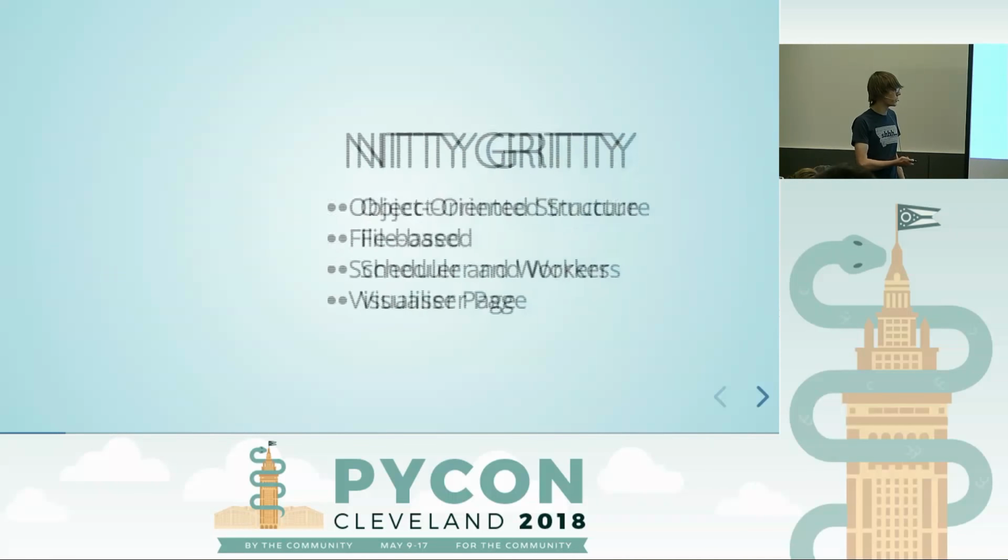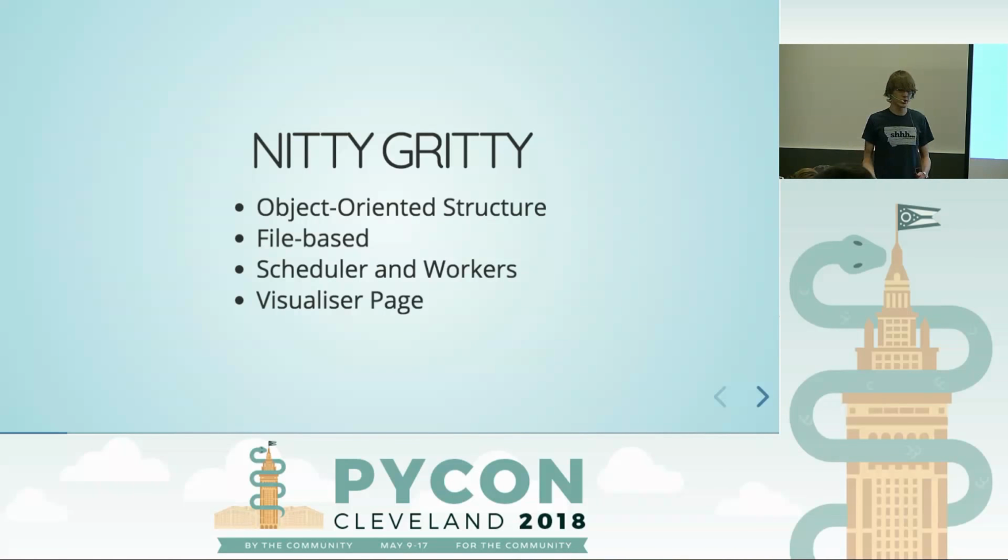So let's talk a little bit about the structure of Luigi and how it actually operates. So Luigi uses a more object-oriented structure to define its tasks. For every job you want to run, you define an actual class for that job, and you define what it does. We'll go into what the actual structure of that looks like a little bit later as we start writing our own DAGs.